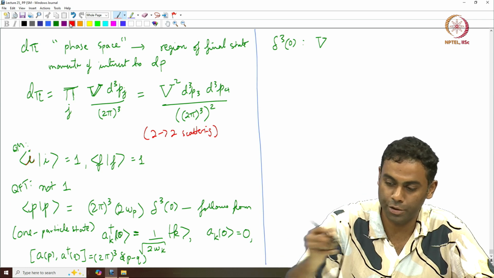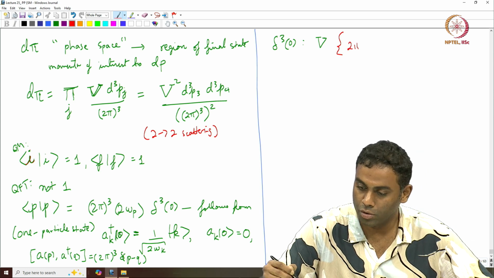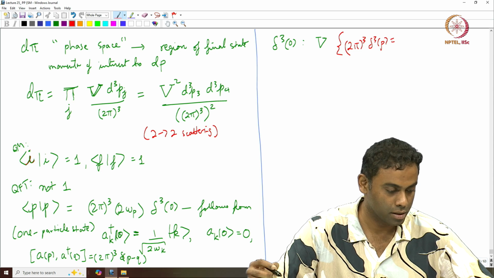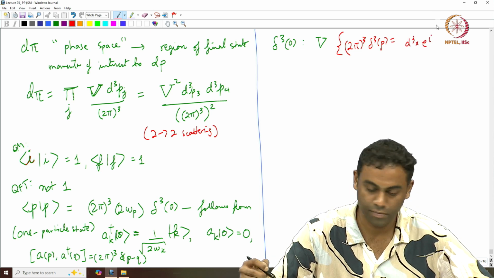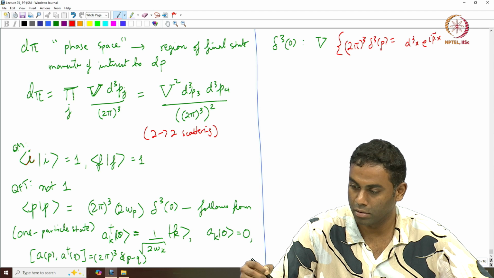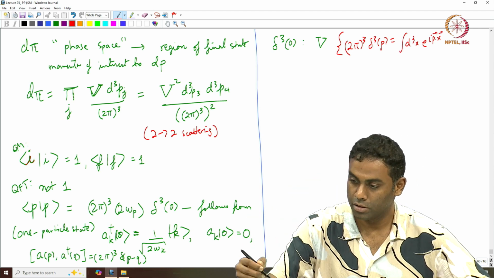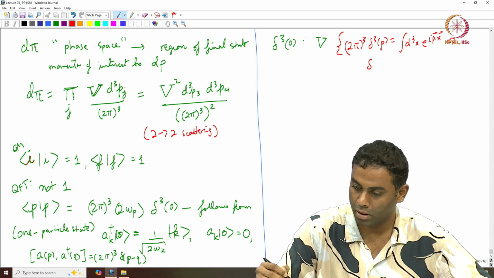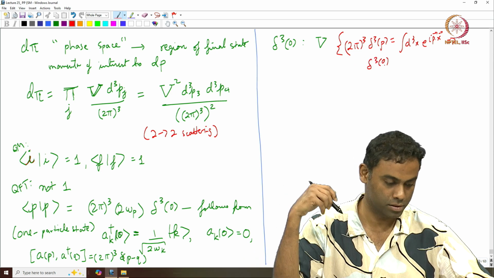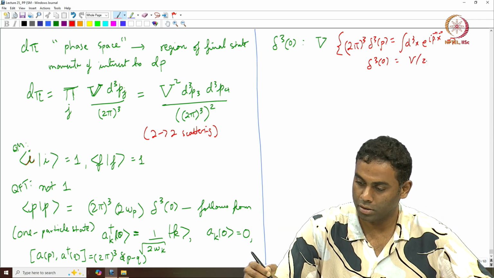Remember how that came about? So I'll just quickly remind you. That came about from the fact that we know this is true. If I take some momentum, that's nothing but the Fourier transform of 1, right? So that means if I take p to 0, I get volume over (2π)^3.